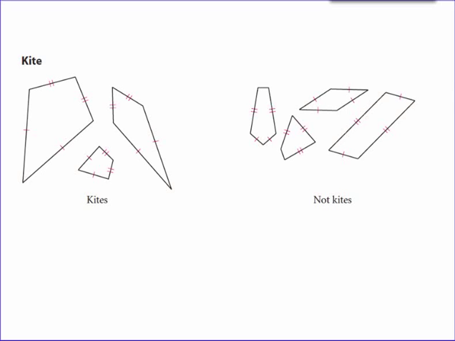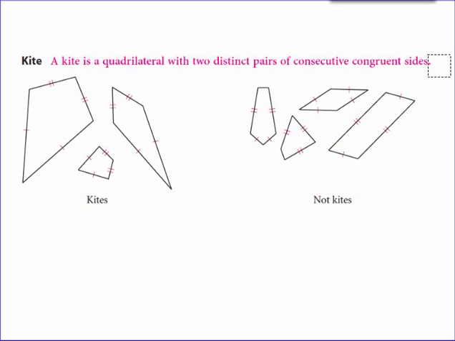Let's figure with two different equal size lines. Okay, so first of all, let's classify it as what shape is it? A quadrilateral. Okay, so a kite is a quadrilateral with two distinct pairs of consecutive congruent sides.